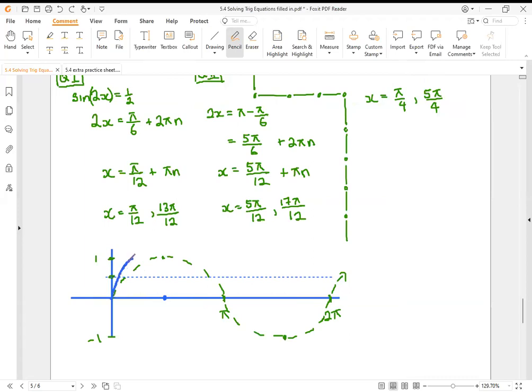If I were to complete my graph there, there, there, there, my pi over 6, which used to be here, is now pi over 12.